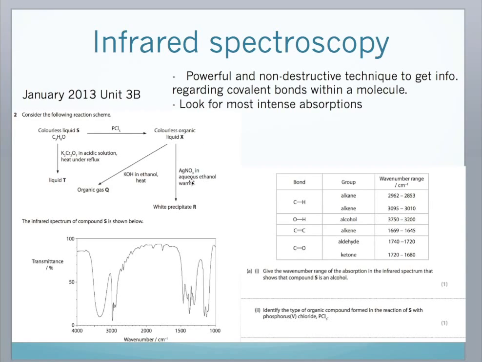We're using ethanol and silver nitrate, so we can guess that this will be something that contains a halogen, because this is the test we would use for an unknown halogenoalkane, and it forms a white precipitate. The white precipitate means that it contains chlorine, and because the reaction is with phosphorus pentachloride, it means that we have a halogenoalkane, or more specifically a chloroalkane in this case.